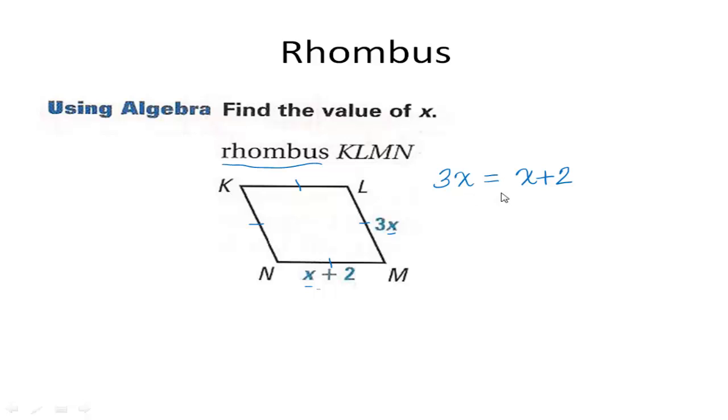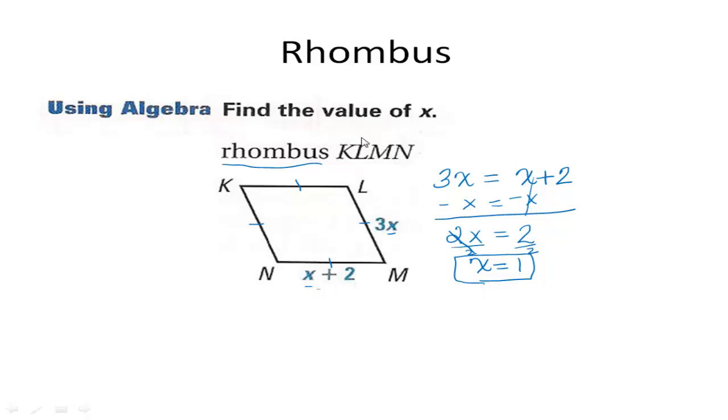To solve, this x on that side of the equal sign, I need to move to this side by subtracting x on each side. 3x minus x gives you 2x equals, and then x minus x cancels out and you keep a 2. If you divide by 2 on both sides, you get x is equal to 1 because 2 over 2 is 1. So you found x.